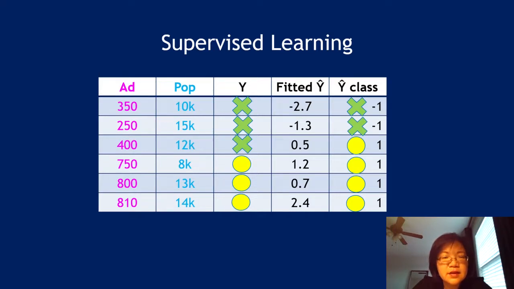Using the X's and the Y variable, we can train the model. And once you have a prediction model, then you can use that to calculate your fitted Y hat values. And the Y hat values, when it's in a classification situation, we can further classify Y hats into 2 classes, 3 classes, and so on and so forth.